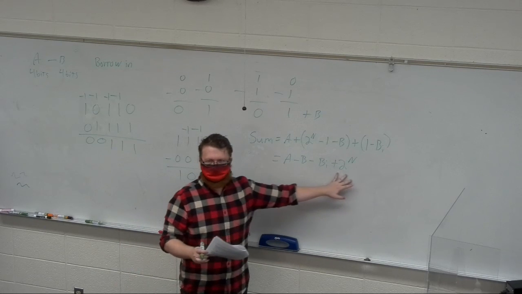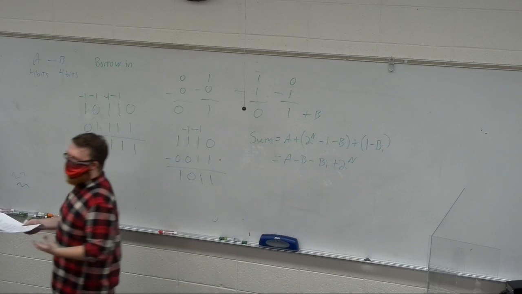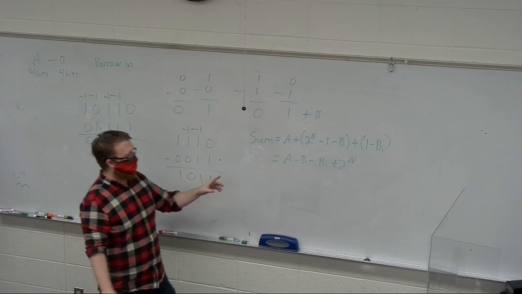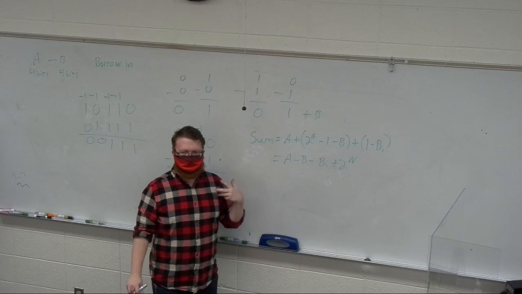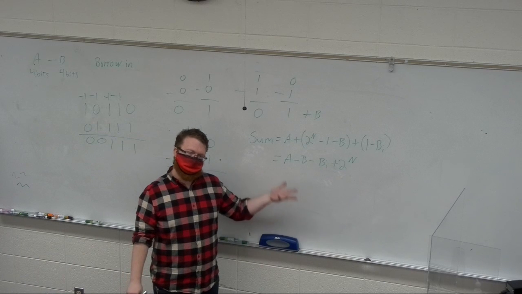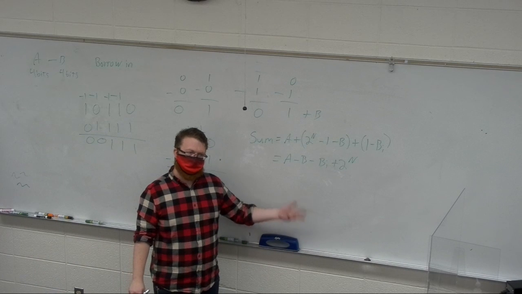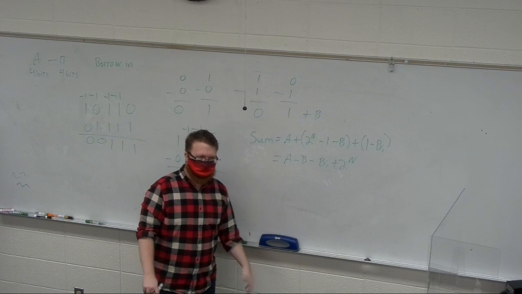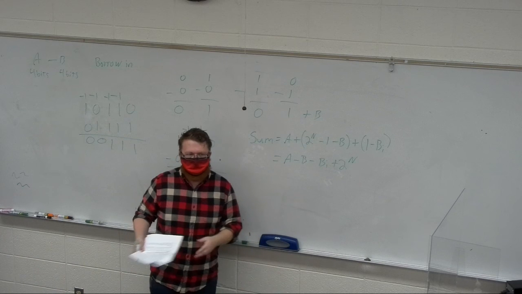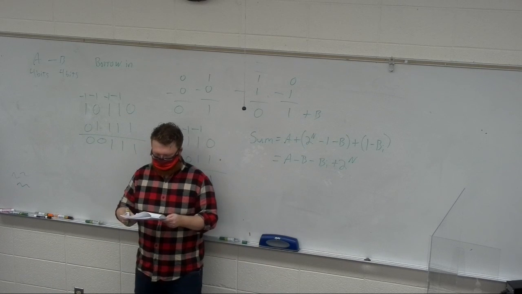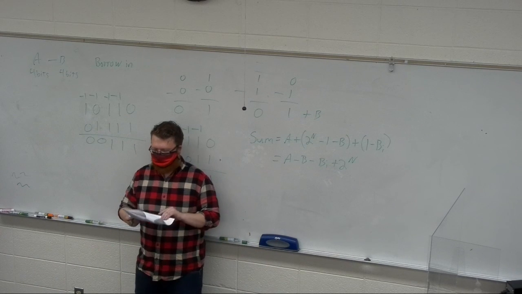But the point is, once you start to understand the algorithms, you can start using this to build a full subtractor with a ripple adder. They're actually the same thing, more or less no difference.